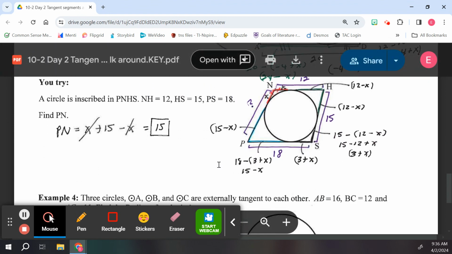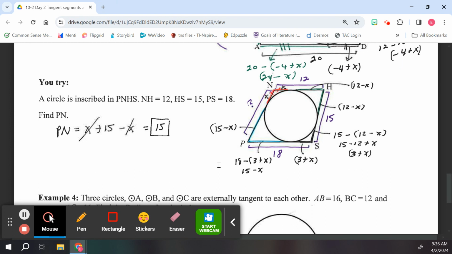And here's the work behind it. Questions on this?